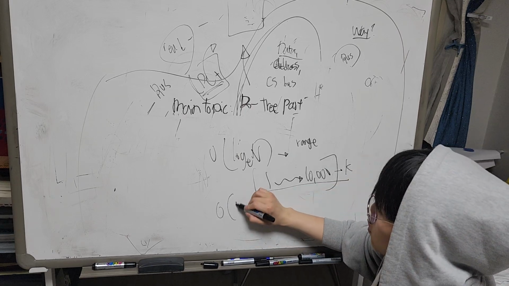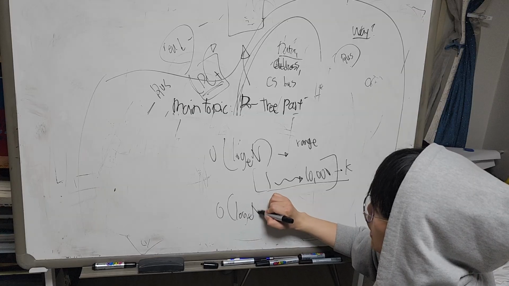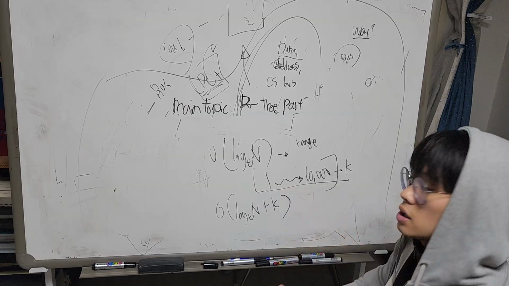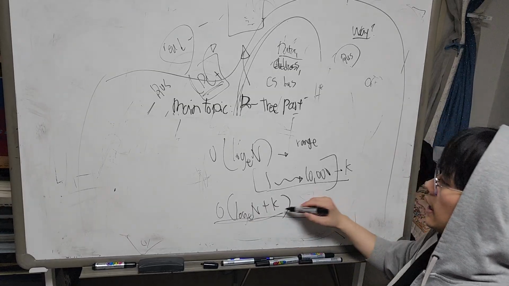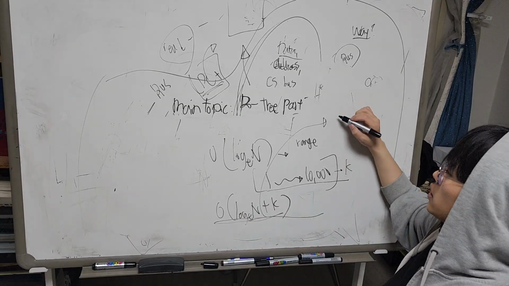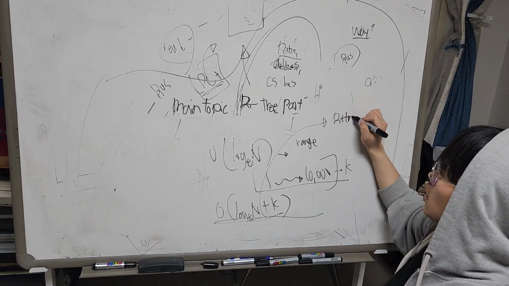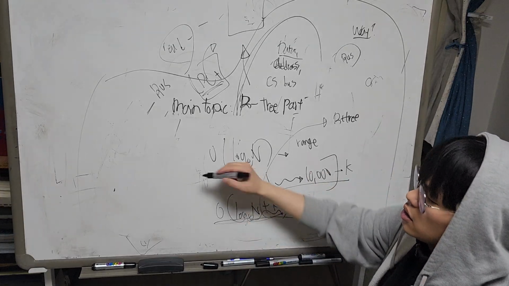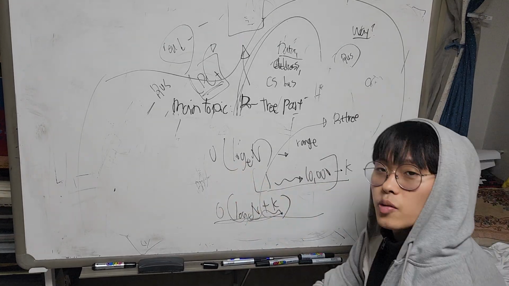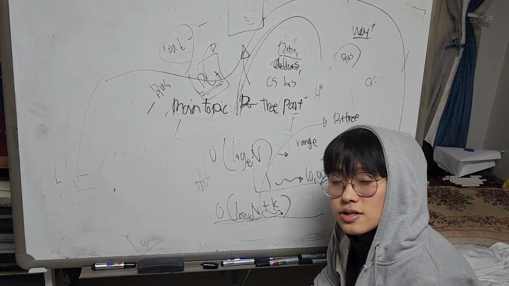It means the time complexity is O(log n) plus k. This is the problem of the B-tree, and I believe that is why there's the B+ tree, to improve those range operations. And I think there's also the B*-tree or something. Whatever. So this is it. Have a nice day. See you next time. Bye bye.